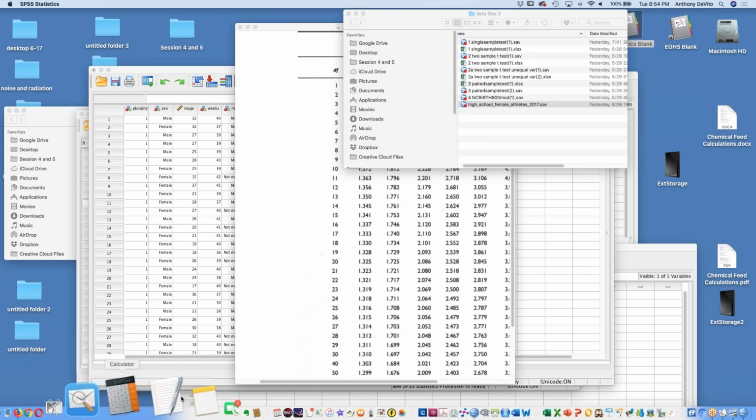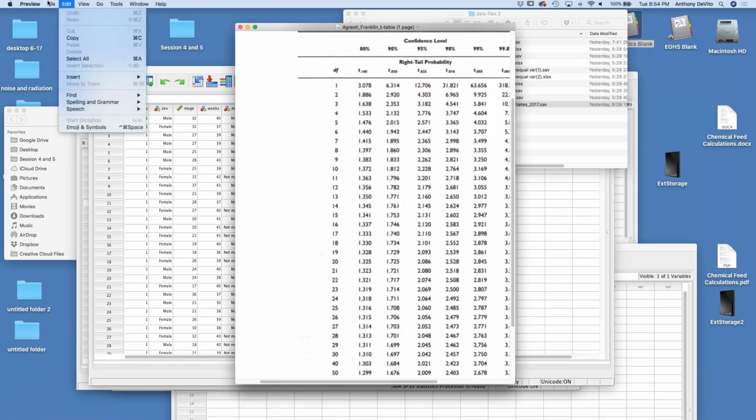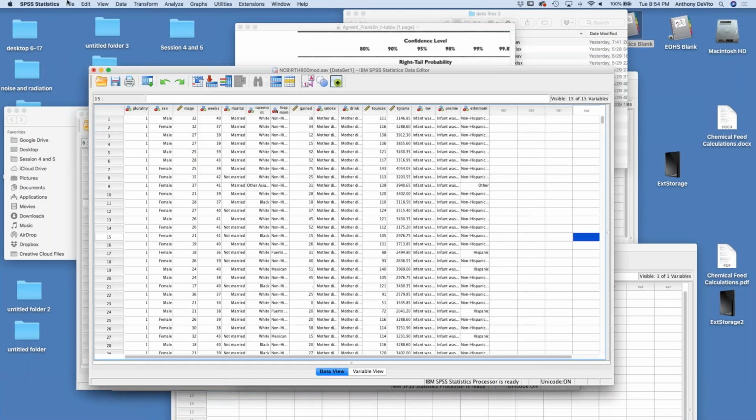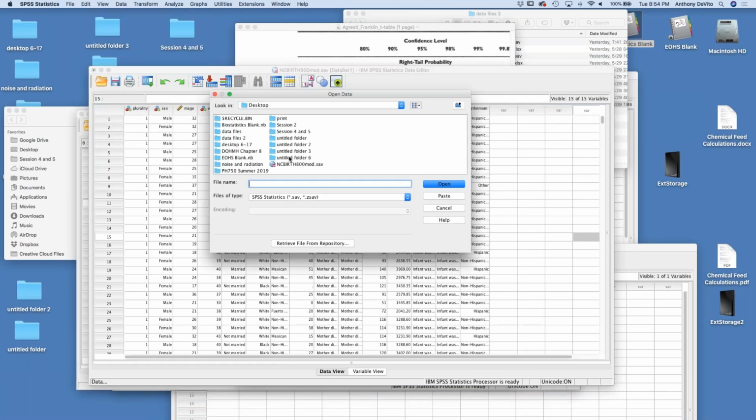I'm going to go to SPSS and open it from SPSS. I'm going to say File, Open, Data. I'm going to navigate there, Desktop, Data Files. I think it's Data Files or Data Files 2.